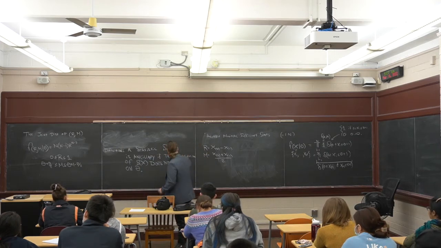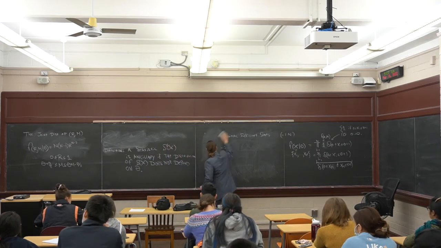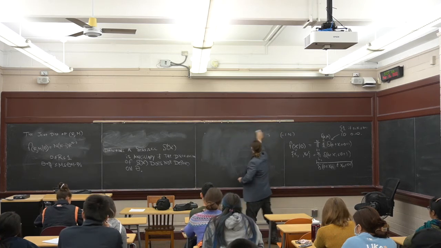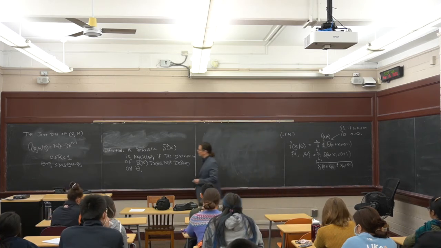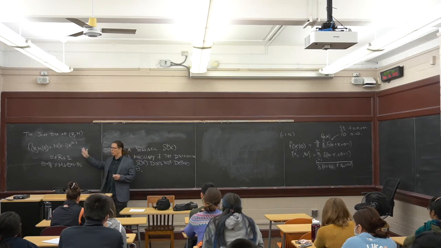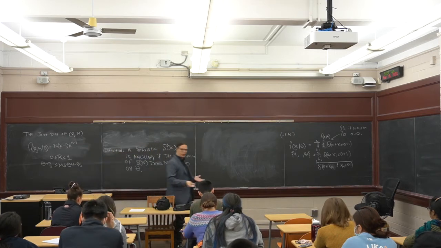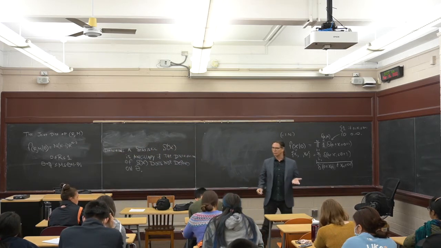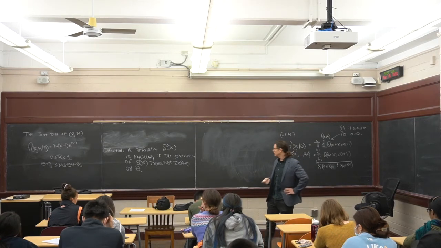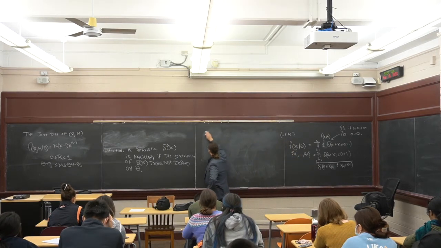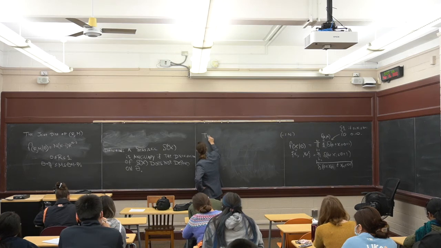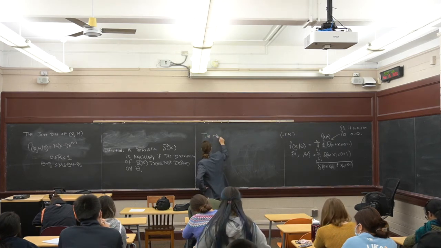Okay, so I think if we can digest this and remember where this distribution came from, everything else is relatively straightforward in this example. So let's look at the marginal distribution on the range.